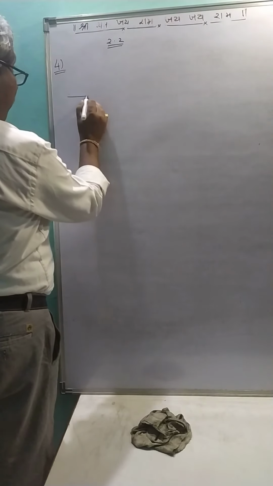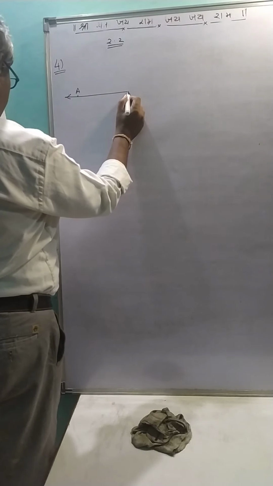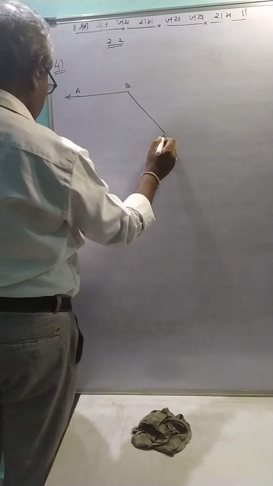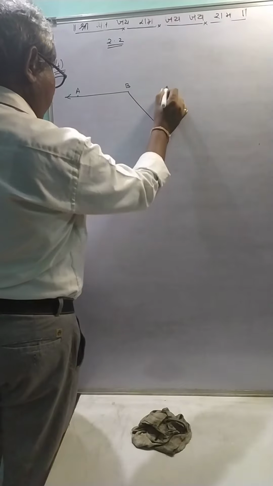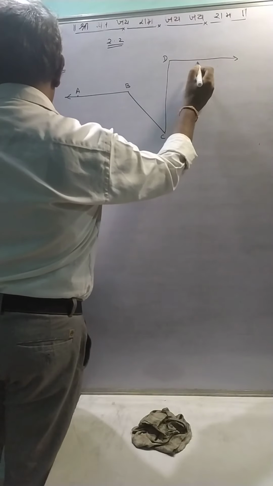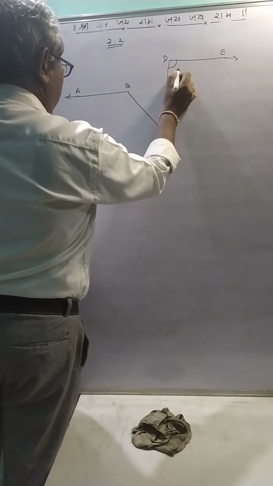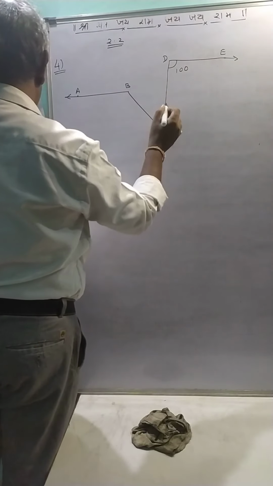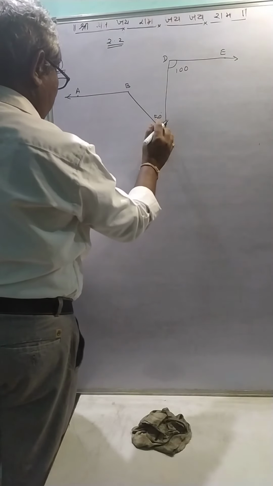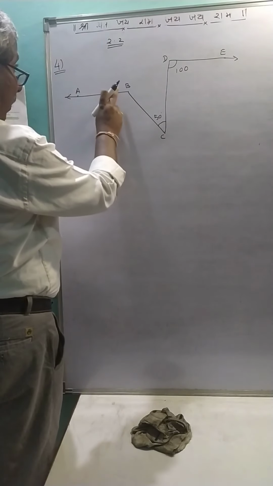So see, this is A, B, C, D and E. This is the 100 degrees, this is the 50 degrees, and we want to find angle ABC.